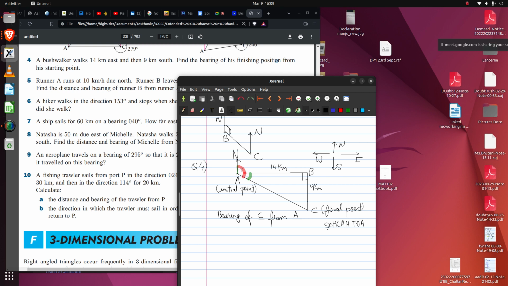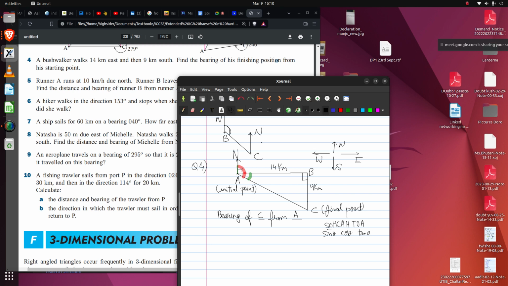So it's okay if you can label for me. Tell me what you want me to label. Like sine theta, cos theta, that thing? On the diagram. You want me to label the sides or the angles?